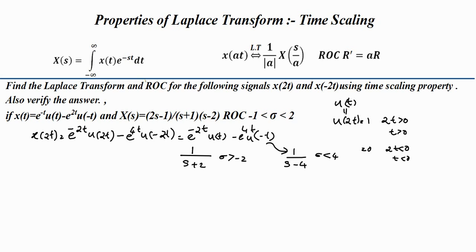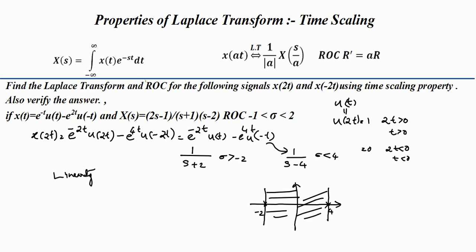So you got two quantities. We need to verify the ROC in order to apply the linearity property. One signal exists if sigma is greater than minus 2, and another signal exists when sigma is less than 4. There is a common area between minus 2 and 4, so we can combine the result.